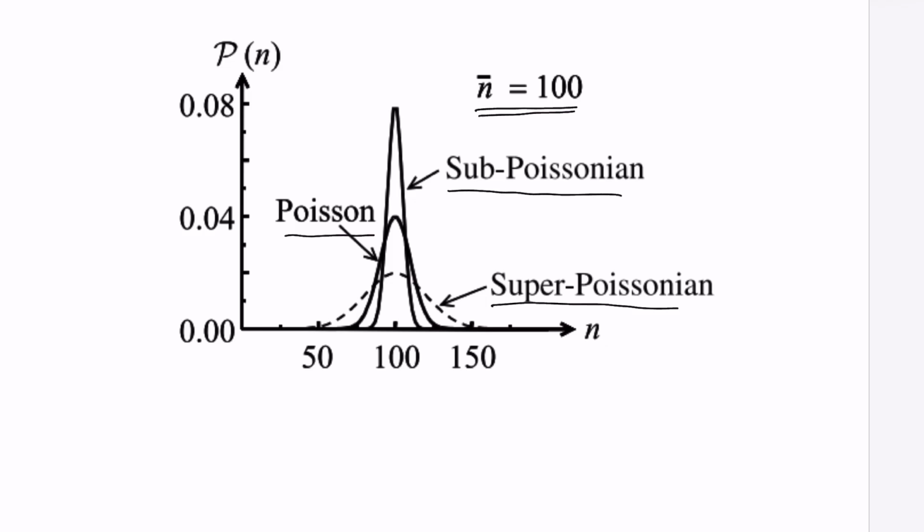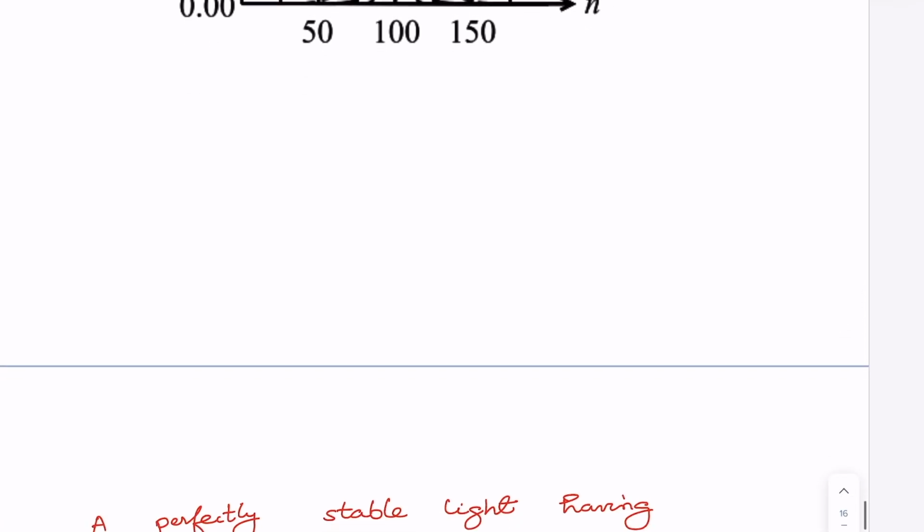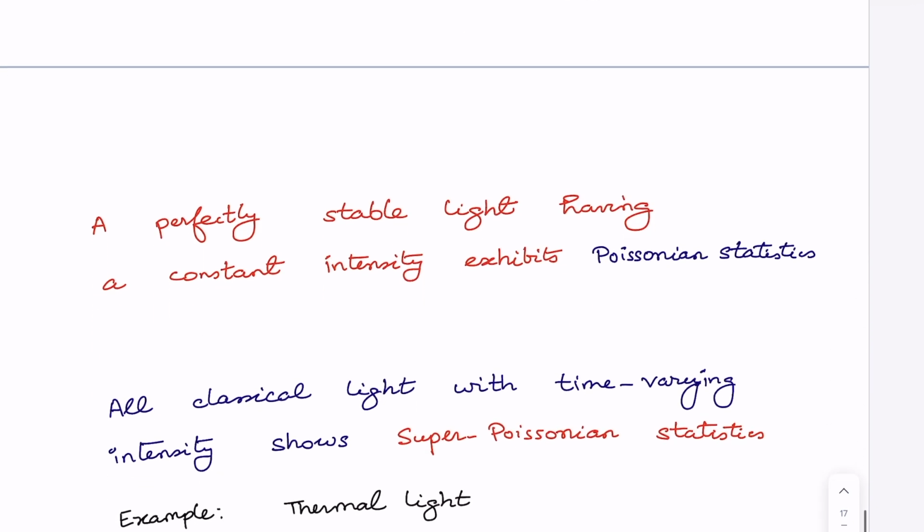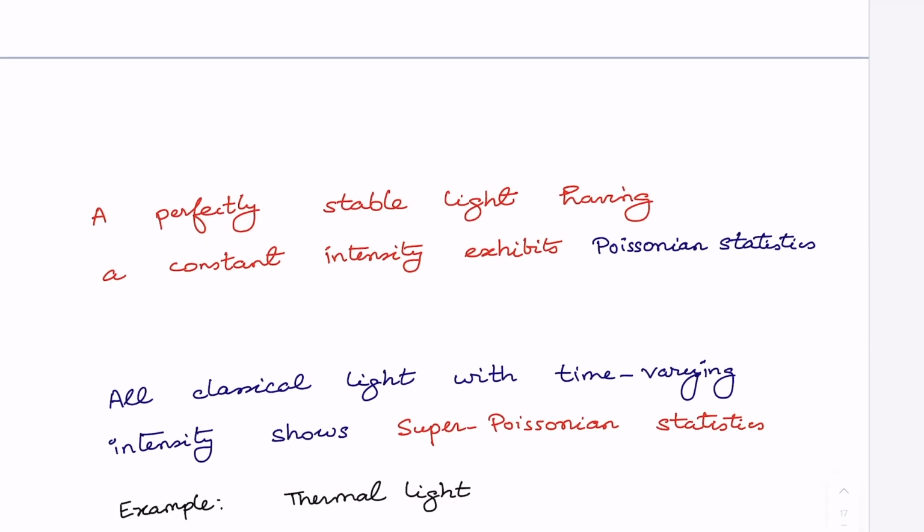Okay, let me emphasize this fact once again: a perfectly stable light having a constant intensity, that means whose intensity is not fluctuating with time, exhibits Poissonian statistics, right? So clearly any classical light beam which has a time-varying light intensity is going to show super-Poissonian statistics, because with any classical fluctuation in the intensity we can expect to observe larger photon number fluctuation than in the case with a constant intensity.